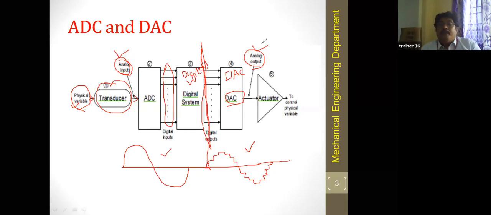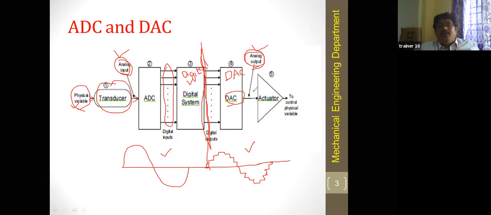Why do we go for this in industry? To move any part within a particular distance, we have to make the signal correct through this ADC and DAC. Then only can we get the correct output signal, and then the movement is also perfect and accurate.